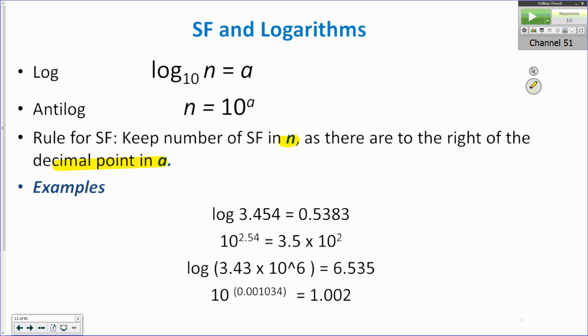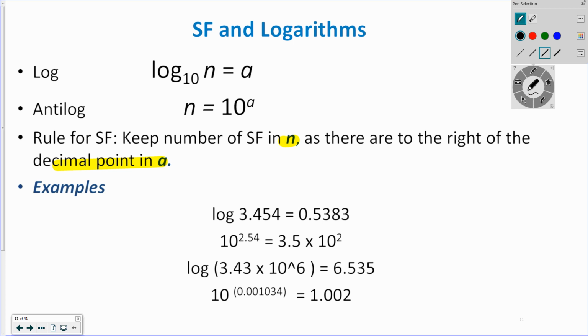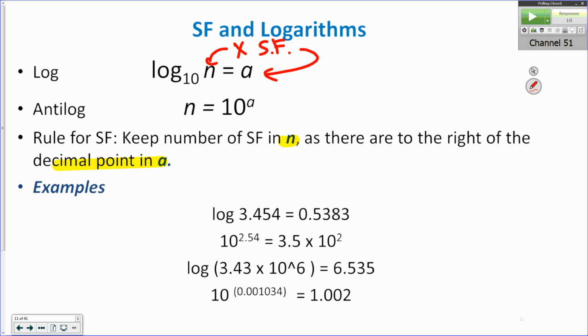A stands for answer. So if you had X number of significant figures in whatever the original number is, you have to apply the same number of significant figures to your answer. And when you take an anti-log, the same rule applies.